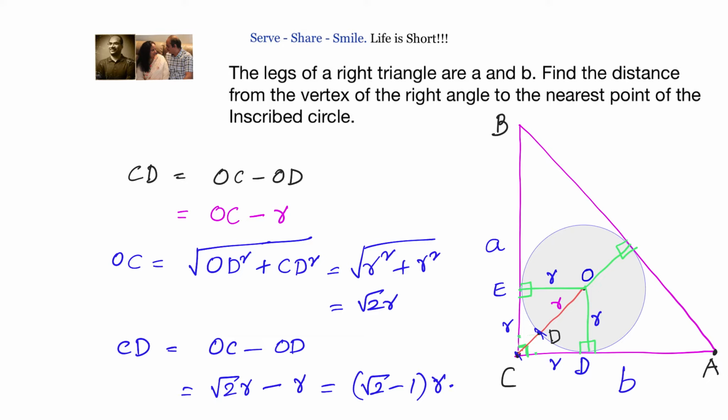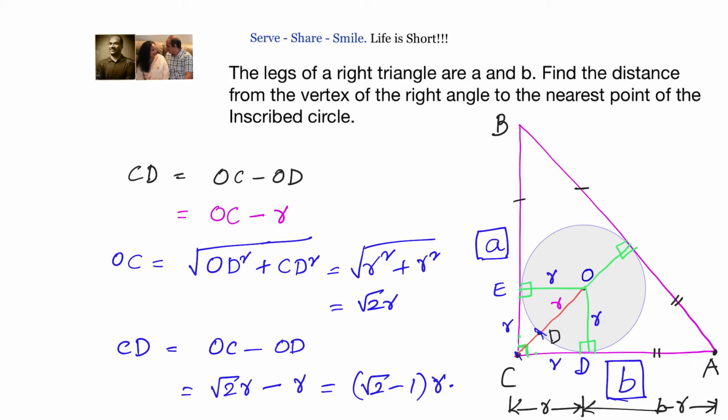But the radius is not given to us, only A and B are given. So R should be written in terms of A and B. Let us see how to find R in terms of A and B. We'll go back to our right triangle, and we know that CD equals R, then AD equals B minus R. We know the lengths of tangents drawn from an external point to a circle are equal.